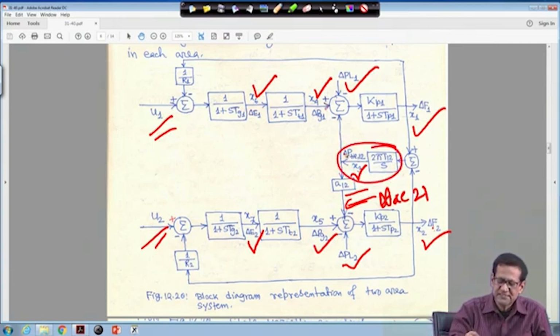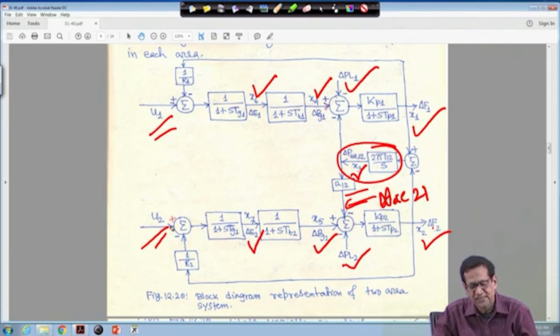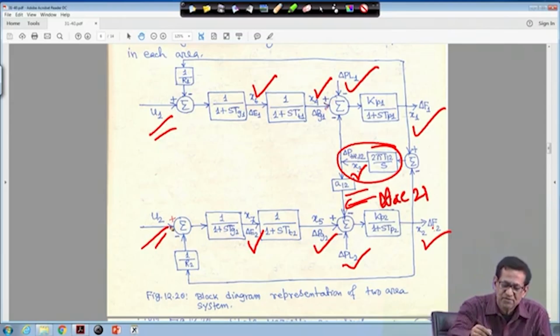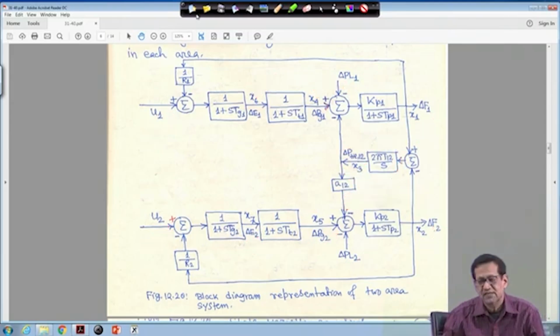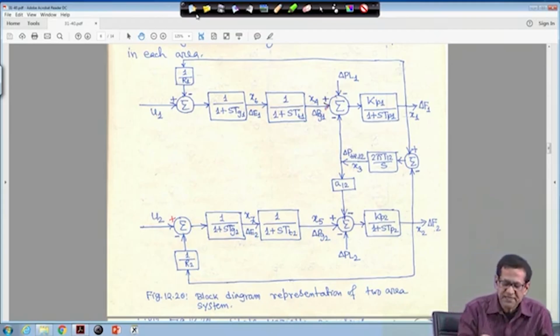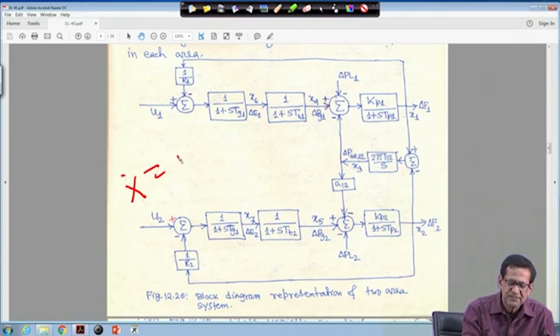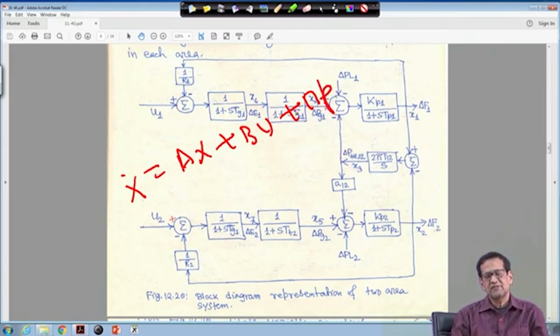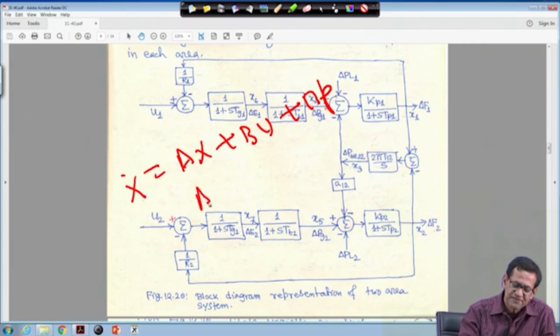This is the two area system, without U1 and U2, which come from somewhere we will see later. This is the two area block diagram model, and you have 7 state variables. When you write the equation x dot is equal to Ax plus Bu plus Gamma p, you have 7 state variables, so the A matrix will be a 7 by 7 matrix.